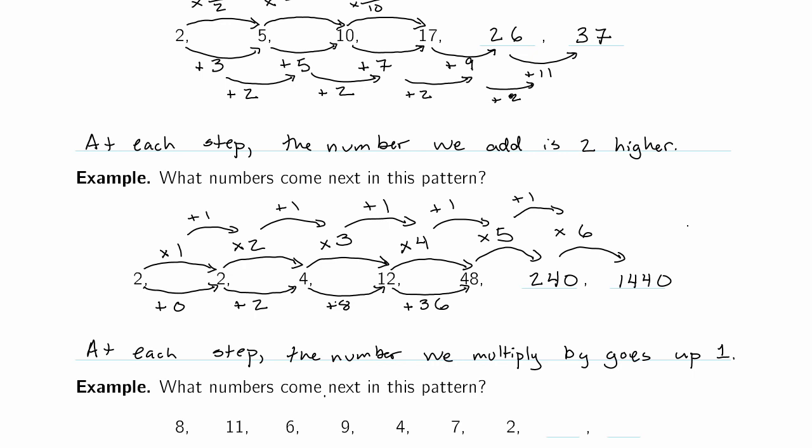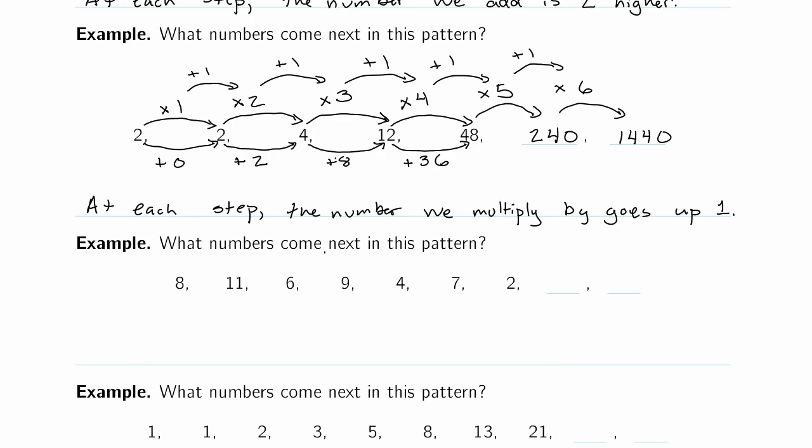Sometimes we'll detect a pattern in the numbers that we're adding right away. In this example, let's see, to go from 8 to 11, 11 minus 8 is 3. I add 3. To go from 11 to 6, well, now I'm decreasing, right? To go from 11 to 6, I subtract 5. To go from 6 to 9, 9 minus 6 is 3.